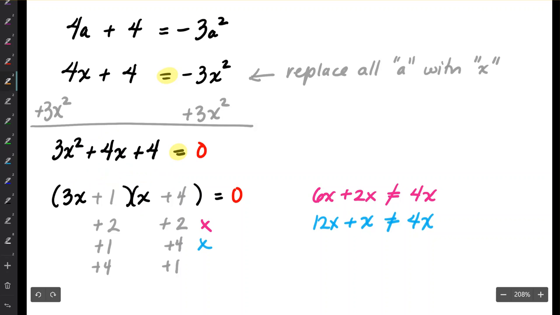And if I try the 4 here and the 1 there, we've got 3x and a 4x. Adding those together, we don't get 4x. So this thing is not factorable.